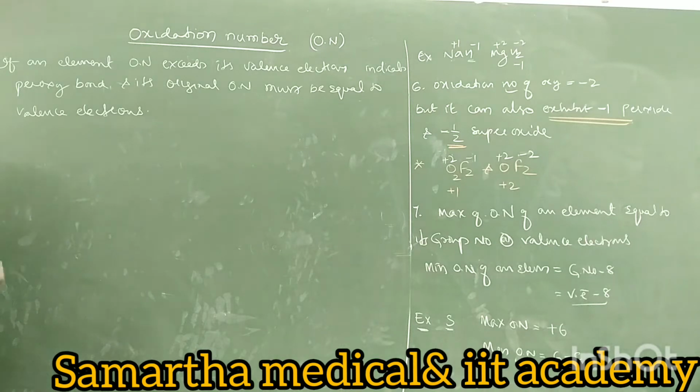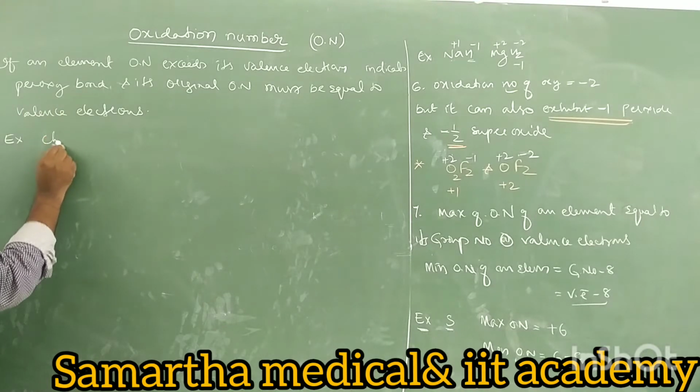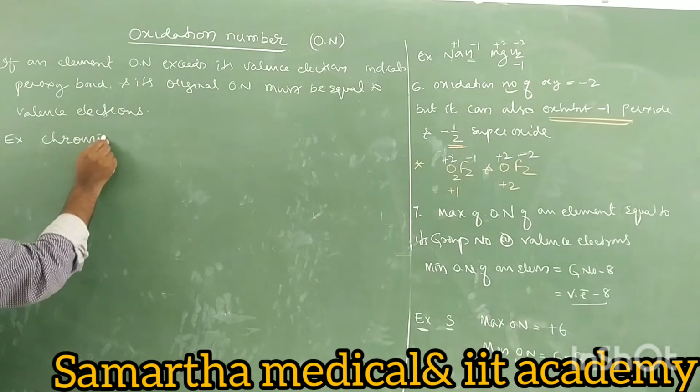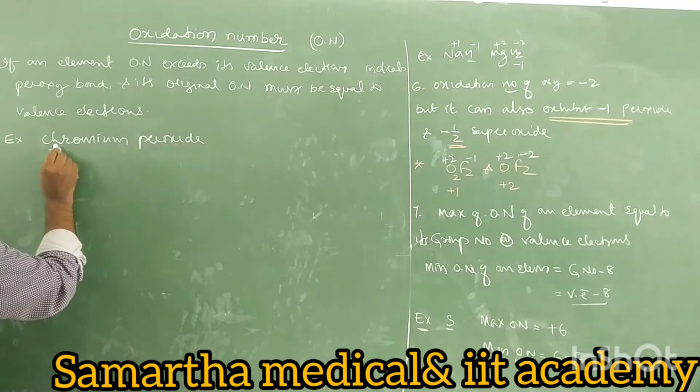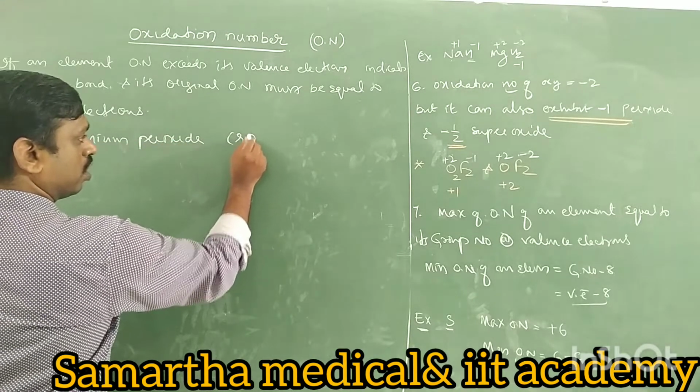Right. So many times questions appear based on this point. Let us take an example, chromium peroxide. It is CrO5.